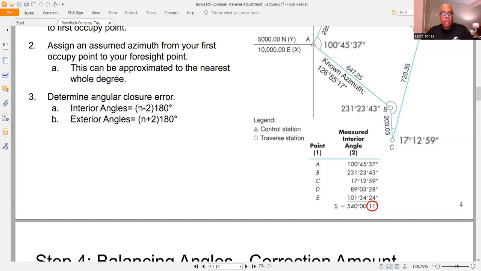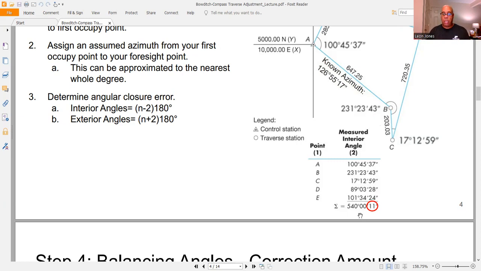How did I get that? I took 5 sides minus 2, which gave me 3 times 180, which gives me 540 degrees. Now, when I add each angle up, I come up with 11 seconds greater than 540.